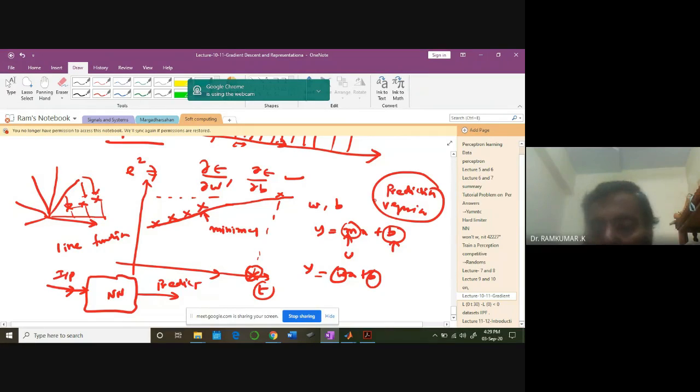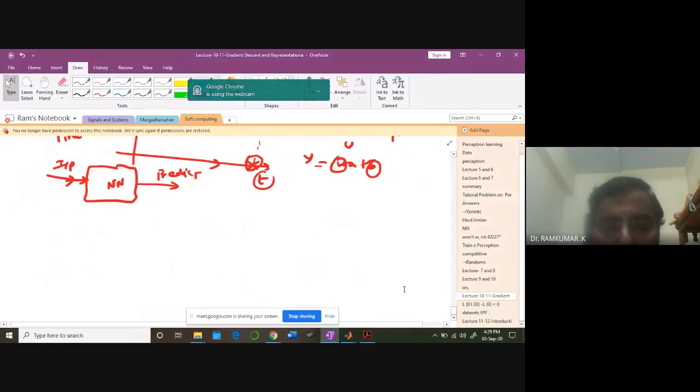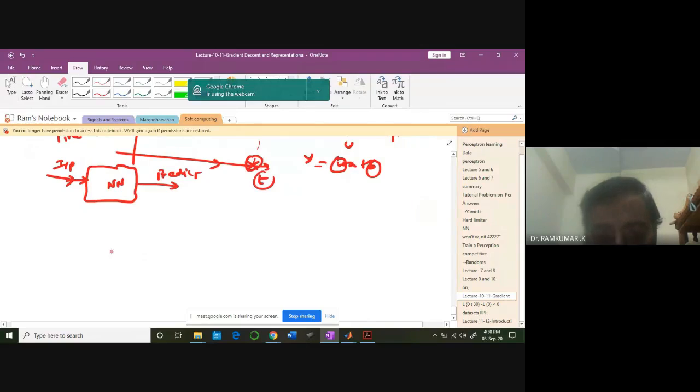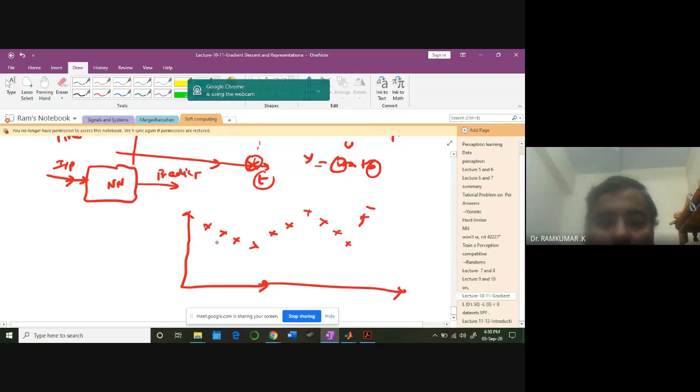If the data is like this, you can simply use one single neuron to work out this line fitting problem. But it can also be in a multi-dimensional space. It can be a curve like this, a complicated data. Over the years, you have collected data, something you have obtained like this. These are all the data points.